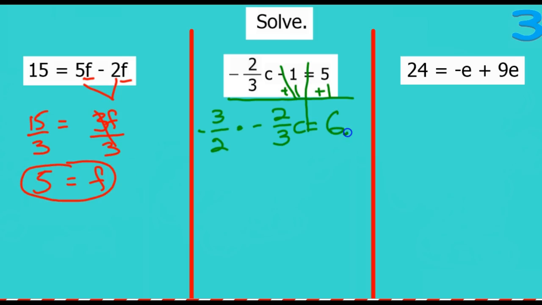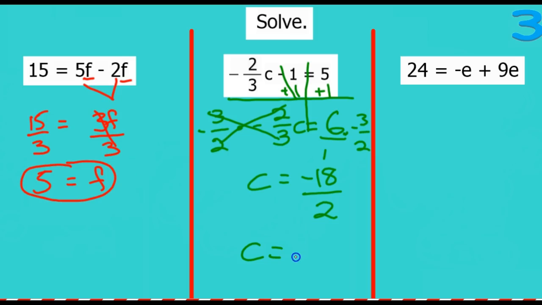Same thing on here, negative 3 over 2. Those will cancel out. So we get c equals 6 times negative 3, negative 18, over 1 times 2, which is 2. So c equals negative 18 divided by 2, which gives us negative 9.